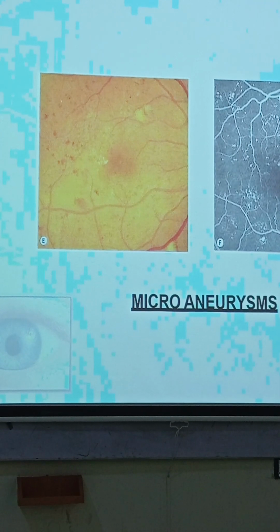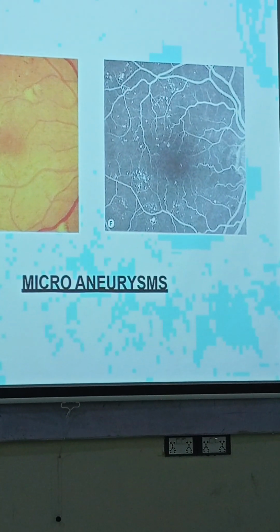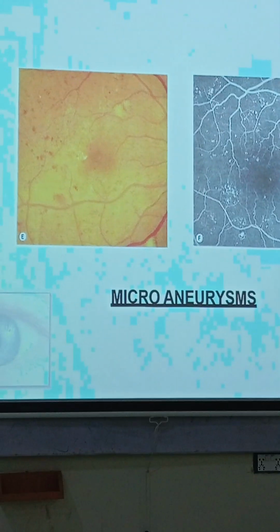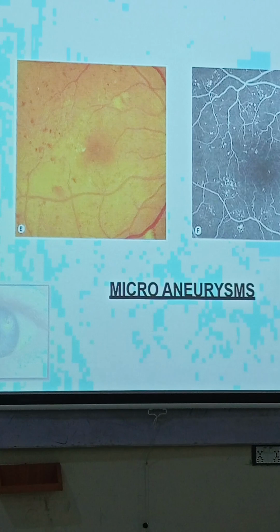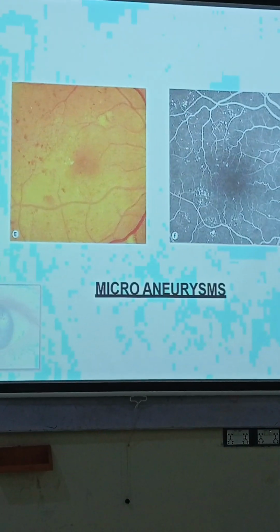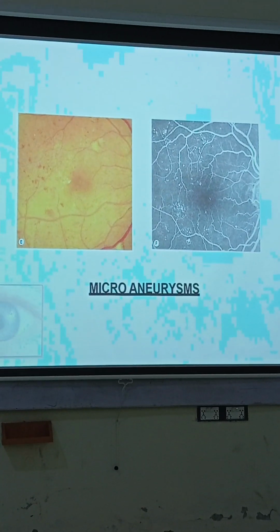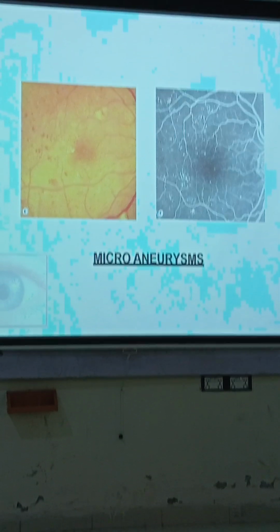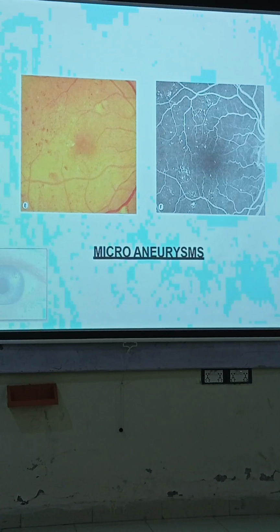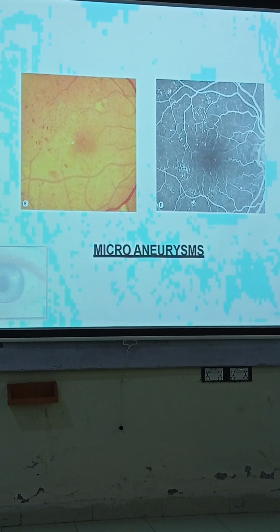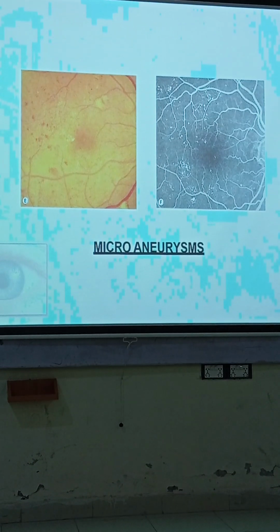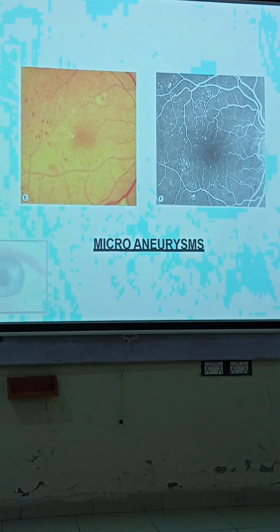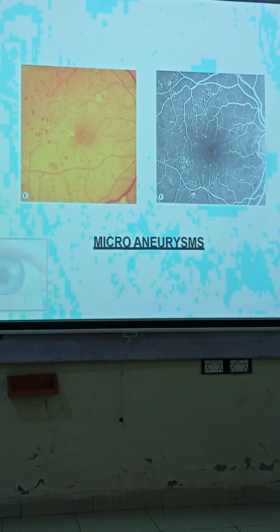And remember one most important thing: the first ever sign which anyone can find in a patient with diabetic retinopathy is the appearance of a microaneurysm. Even one microaneurysm should alert you that the patient might be having diabetic retinopathy. So it is the first ever sign.